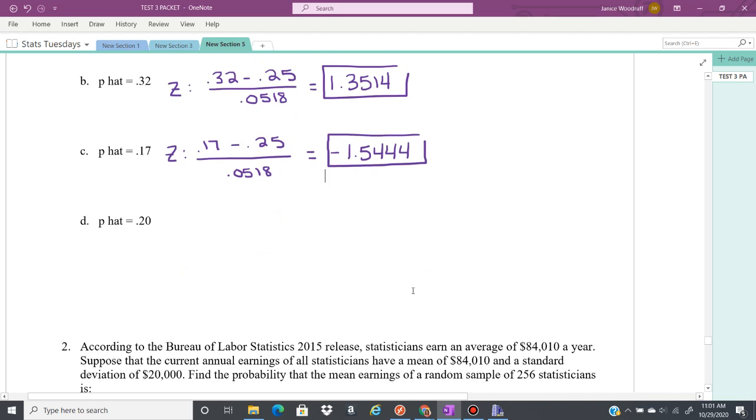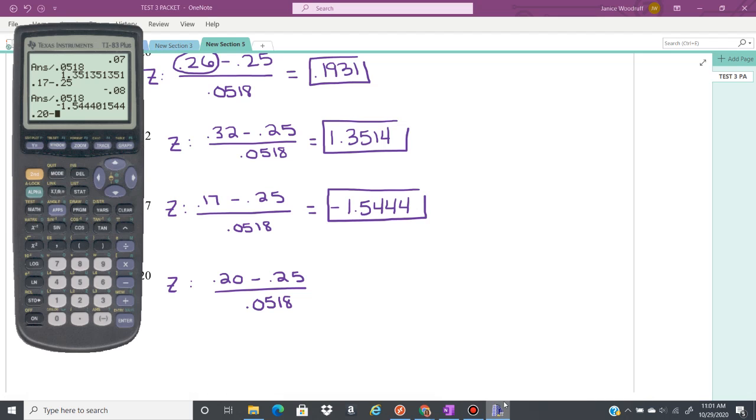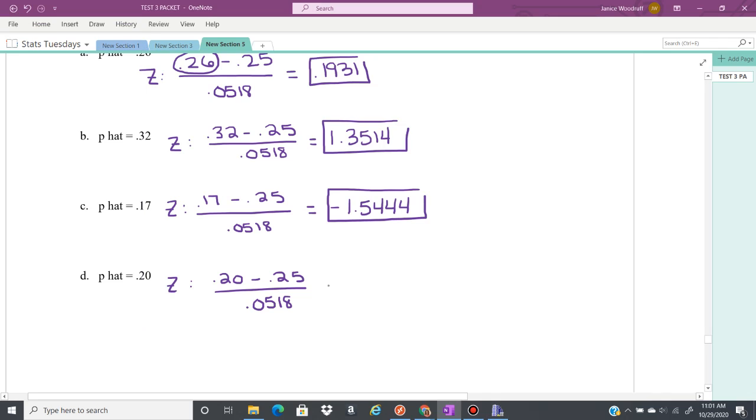And then the last one, 0.20 minus 0.25 over 0.0518. All right, so that's negative 0.9653.